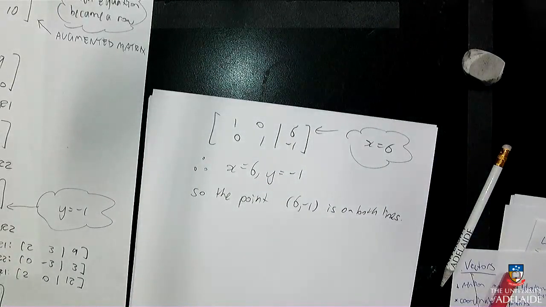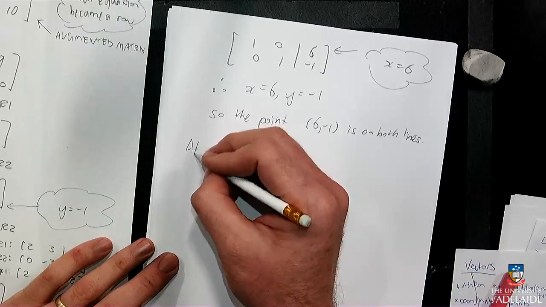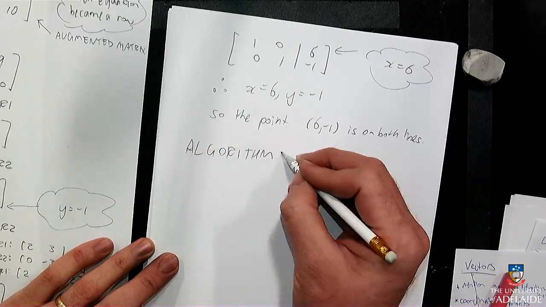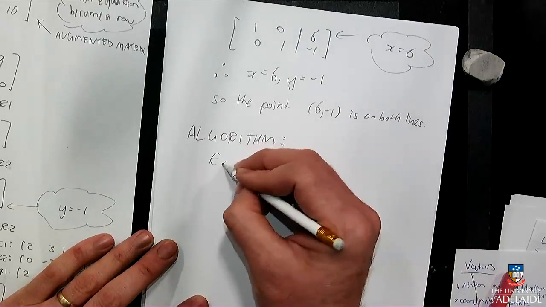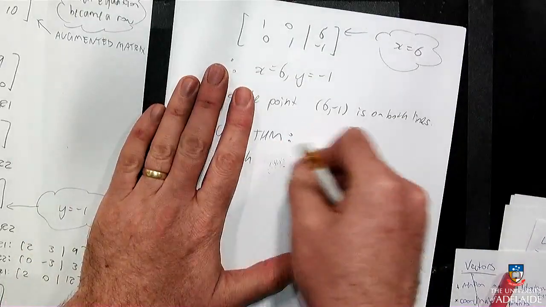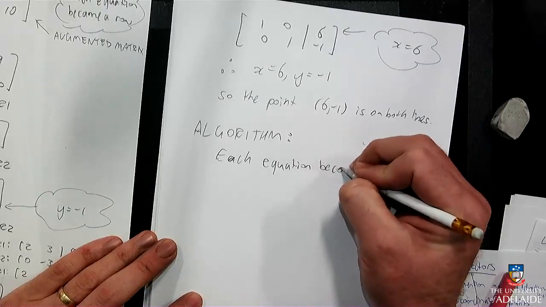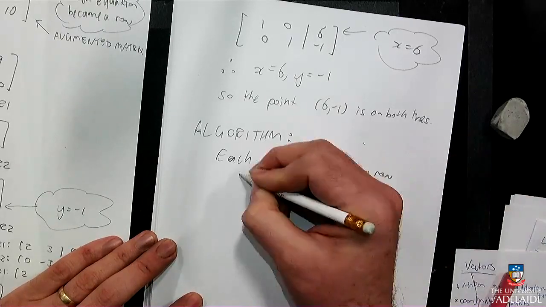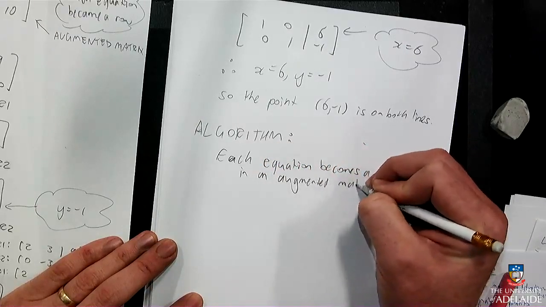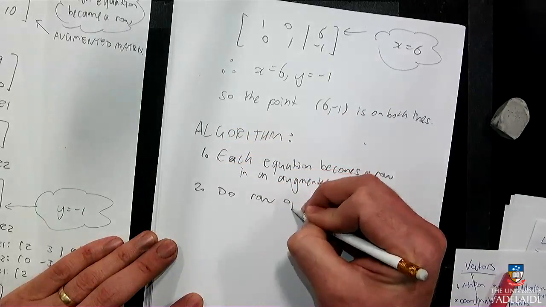All right, that's great. So the process comes out like this. The algorithm becomes: each equation becomes a row in an augmented matrix. Do row operations.